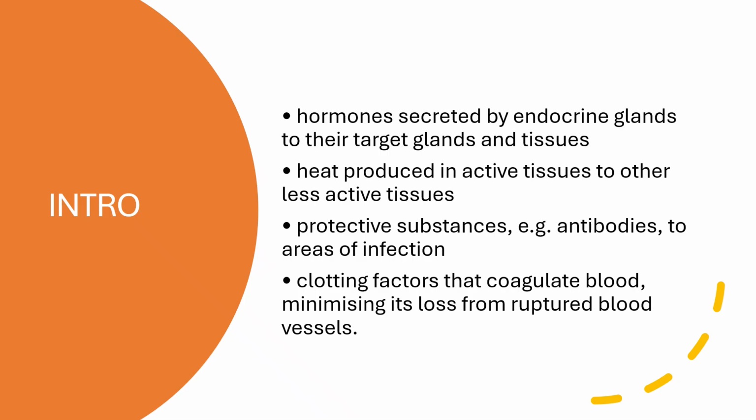Another function of blood is that the clotting factors coagulate blood and minimize its loss from a ruptured blood vessel. When there is an injury, the blood will gush out. For example, when there's a cut of a vein, the blood will gush out, and the clotting factors will stop the bleeding, to minimize loss of blood from the ruptured vessel.